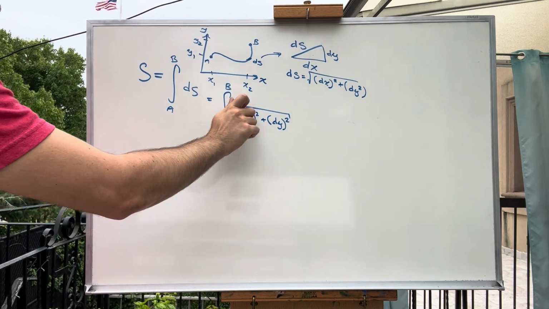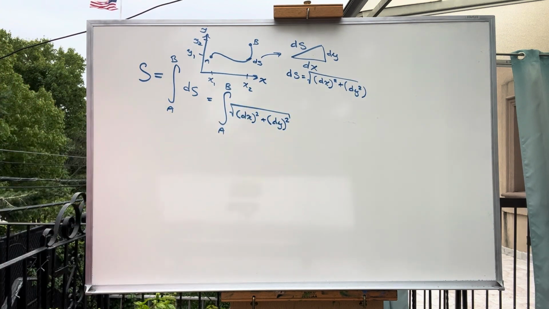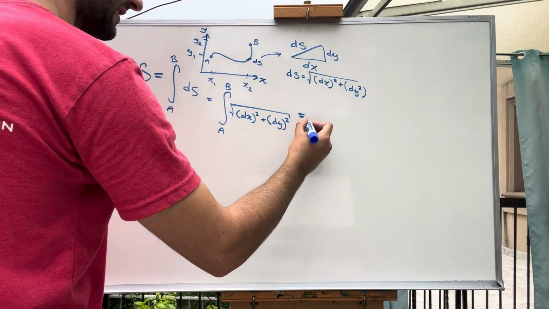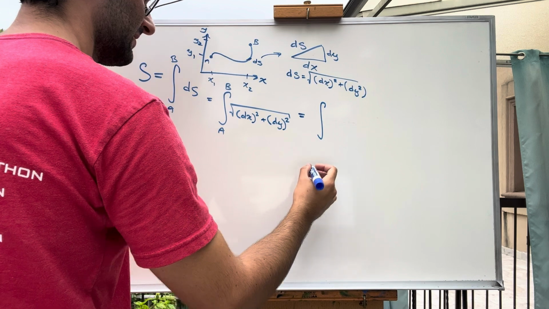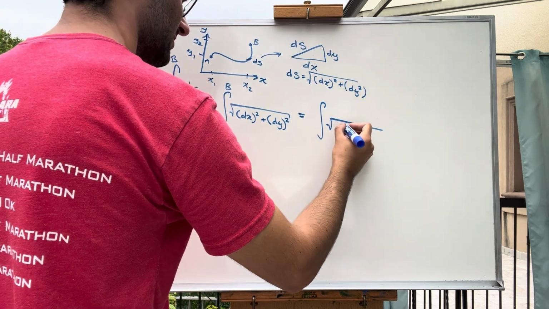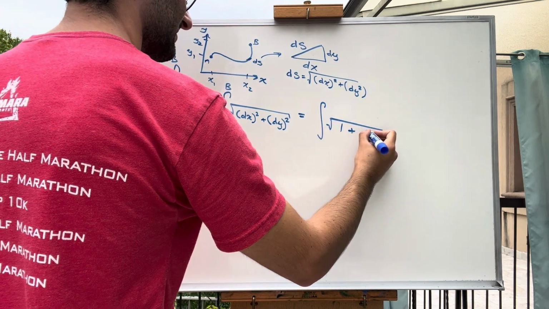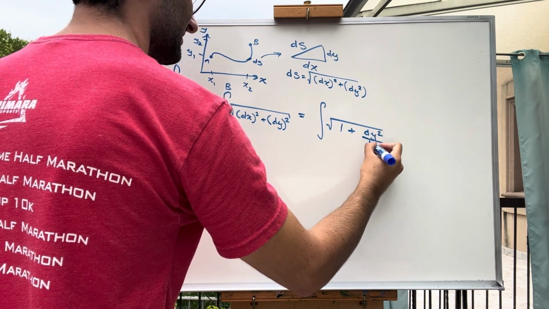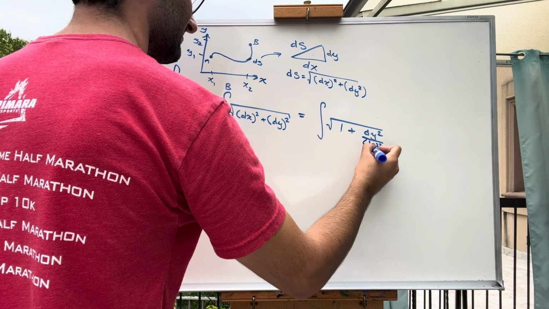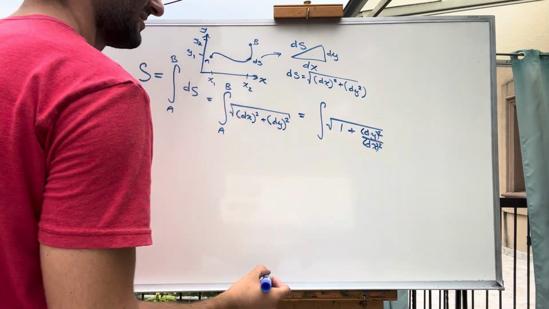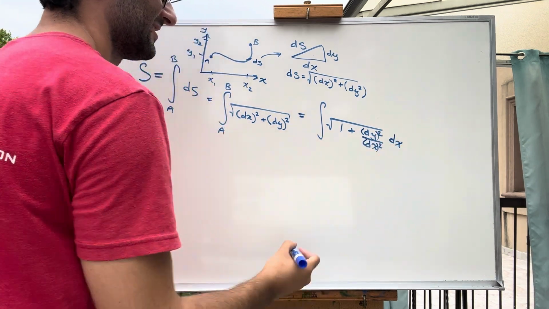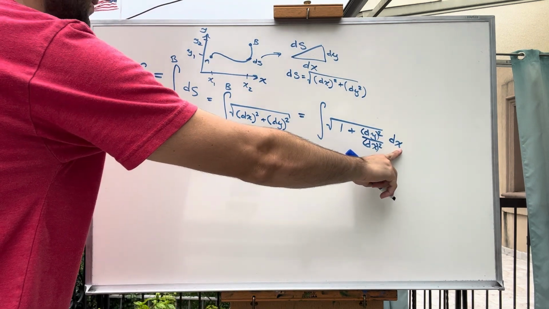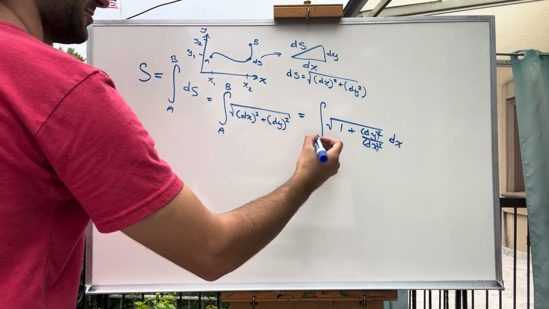That way we can write this integral in terms of dx, and when we do so, we get the integral of the square root of 1 plus dy squared over dx squared, dx. And we're integrating in terms of x from x1 to x2.